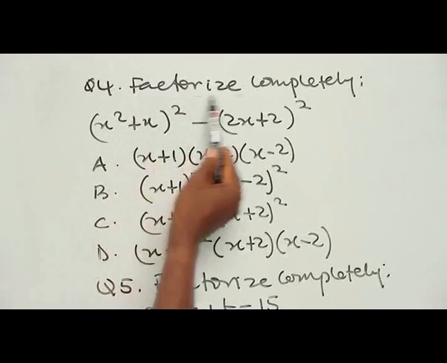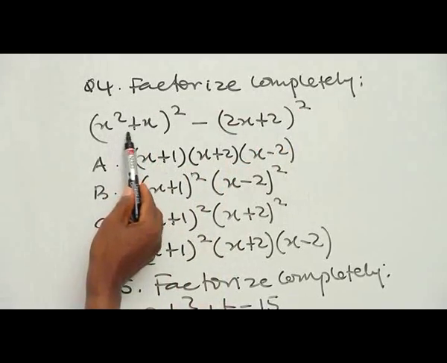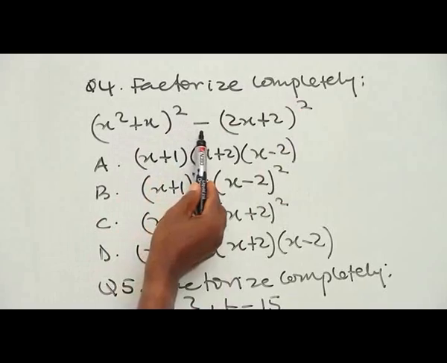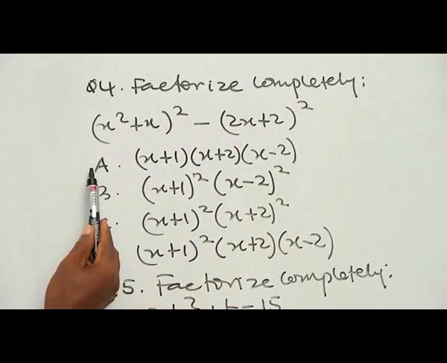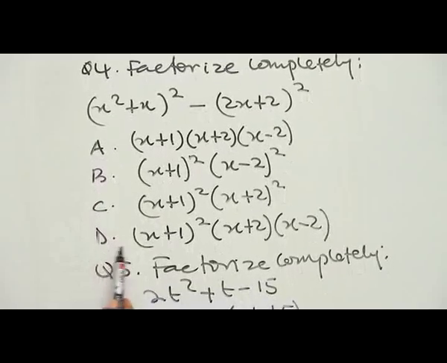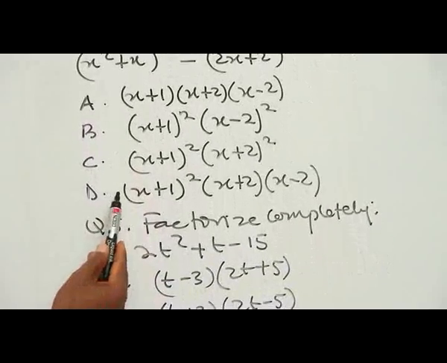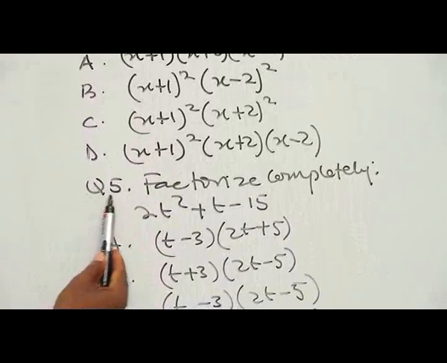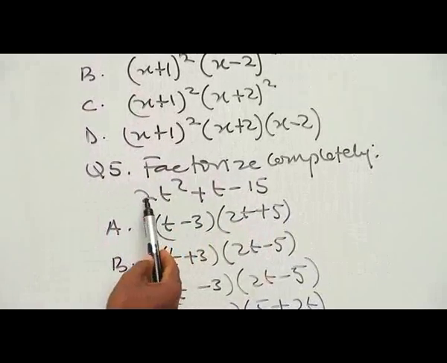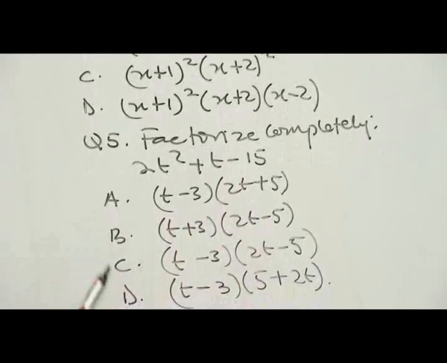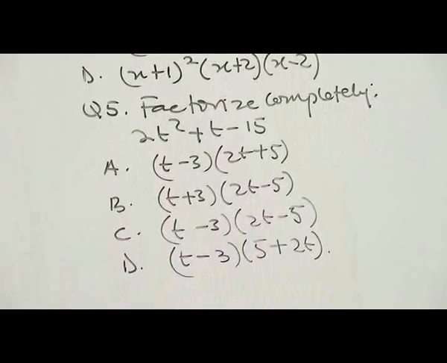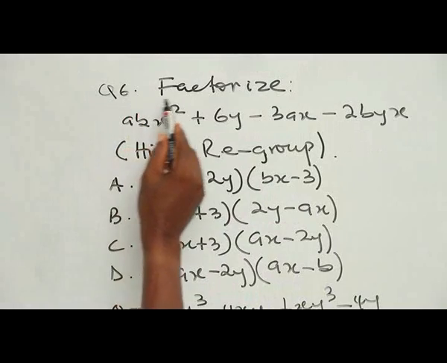Question number 4. Factorize completely (s squared plus s) all squared minus (2s plus 2) all squared. Options A, B, C, and D are also given to you. Question number 5. Factorize completely 2t squared plus t minus 15. And you also have the options accordingly. Question number 6.